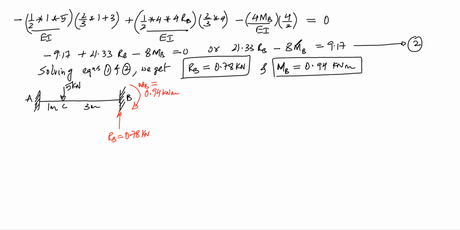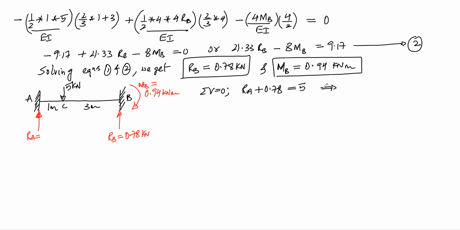Now we can make use of static equilibrium equations. Summation V is equal to 0 and we can calculate the vertical reaction at A. So let us consider the reaction at A is RA. So RA plus 0.78 is equal to 5.